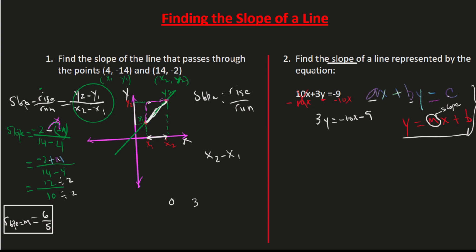I cannot say minus 19 because 10x is not the same as 9. They're different. 9 is just a constant, and 10x is some kind of expression. We don't know the value of x. They're not the same. So I need to just write them down. They are all different.